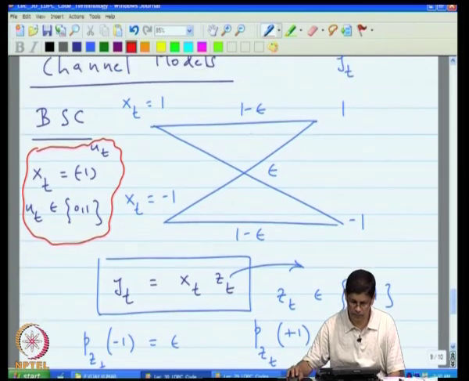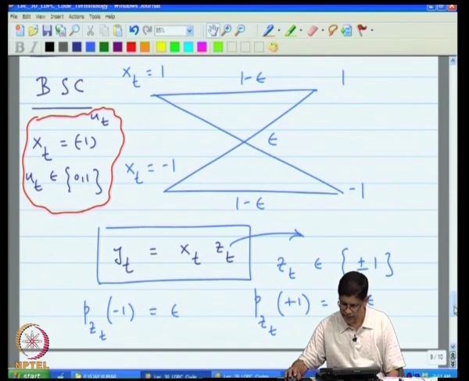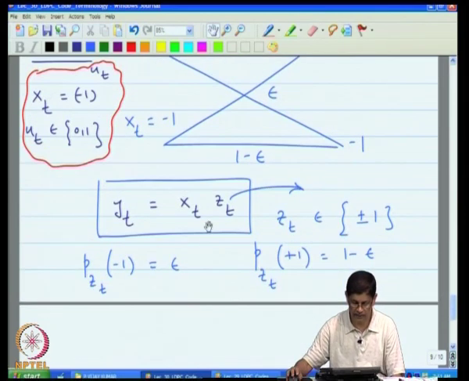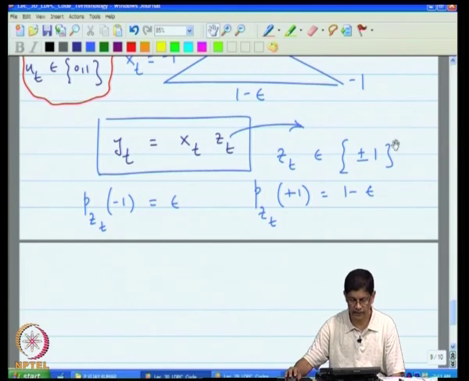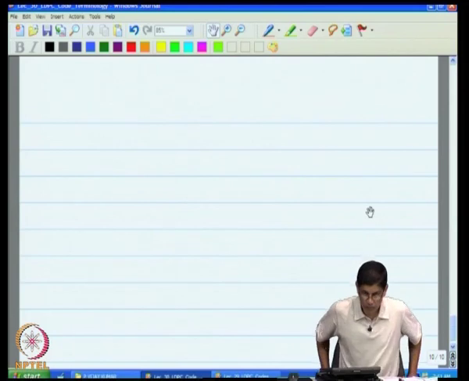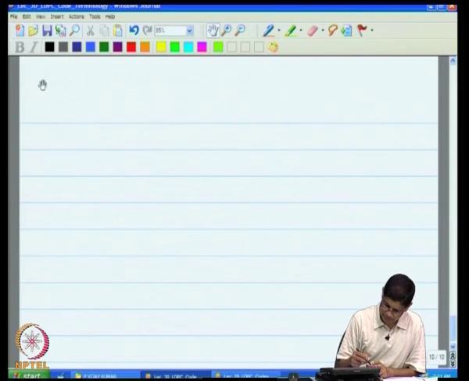We will view the input and output as plus minus 1 rather than 0 and 1, and the conversion is just via (-1)^u. So, 1 here really stands for u_t equal to 0, and minus 1 corresponds to u_t equal to 1. And I have just pointed out that you can represent this channel multiplicatively, that is, you can pretend that the output is obtained by multiplying the input symbol by a particular symbol, which can take on plus minus 1 values with these probabilities.